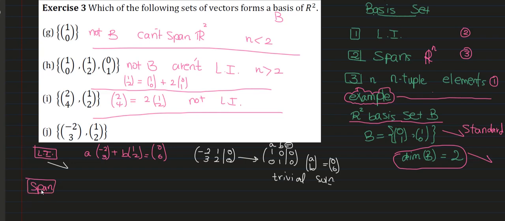Okay, let's check now the span, because if they are linearly independent, does it mean that they will span R2? And if they span R2, doesn't mean that they are linearly independent. The span test will be again like the linear independency, but at that time we need to test whether the linear combination of these vectors gives an infinite solution or not.